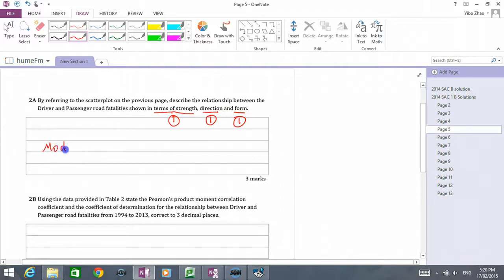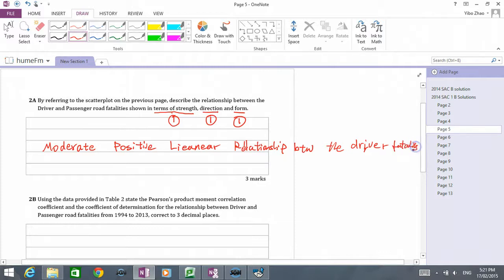Should be a moderate positive linear relationship between the driver fatalities and the passenger fatalities.